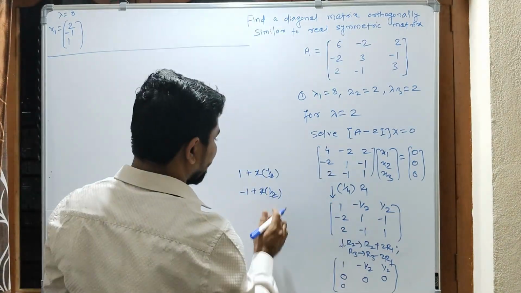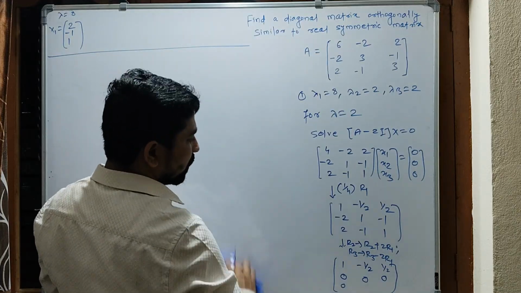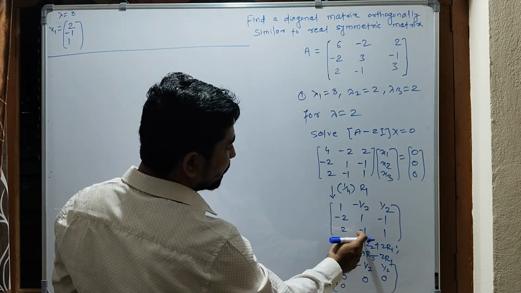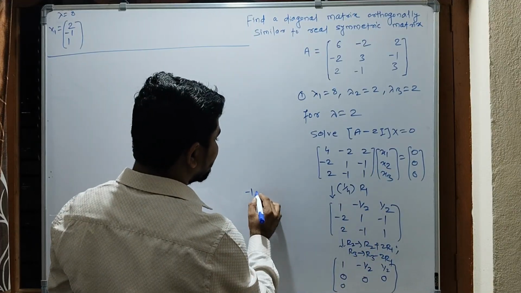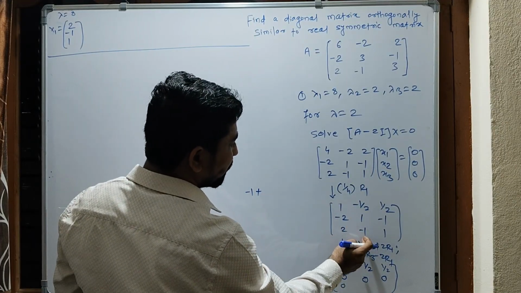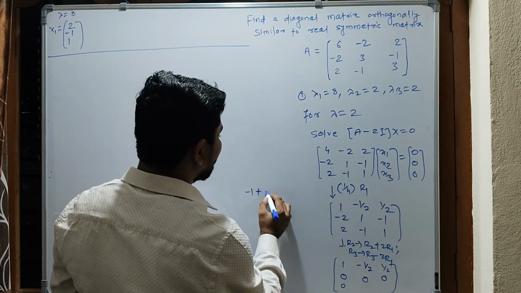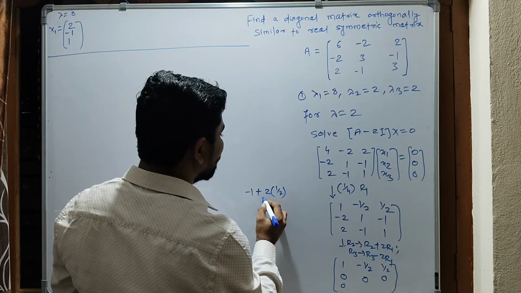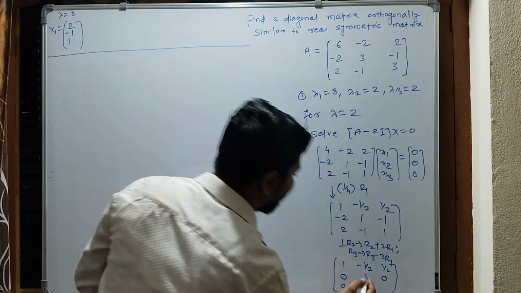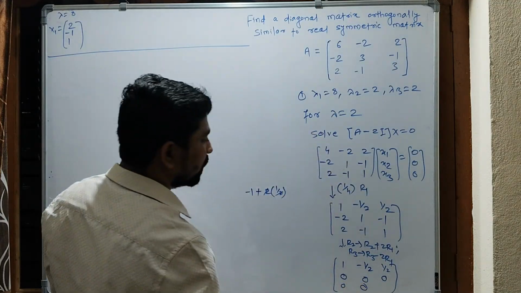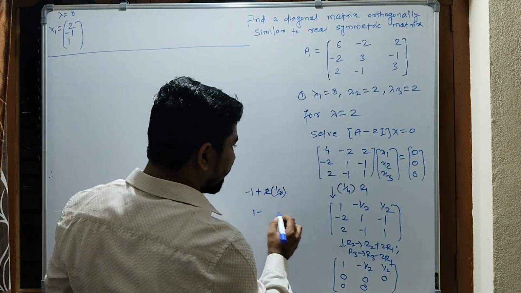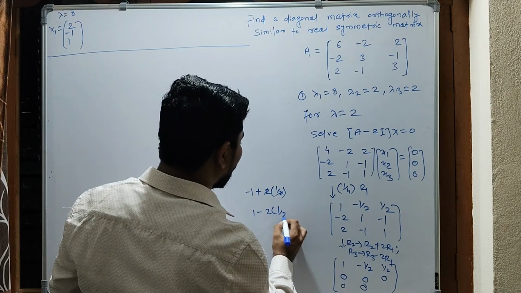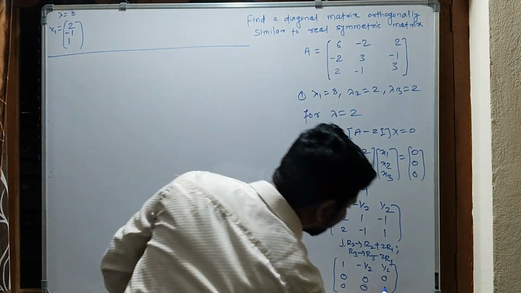For the second row, calculate properly: minus 1 minus 2 times minus 1 by 2, minus minus is plus, so the 2 gets cancelled, minus 1 plus 1 is 0. Now 1 minus 2 times 1 by 2 gets cancelled, so this is 0.